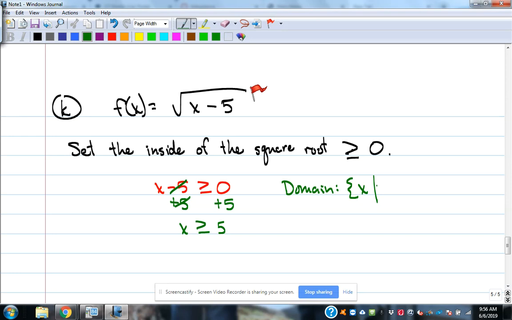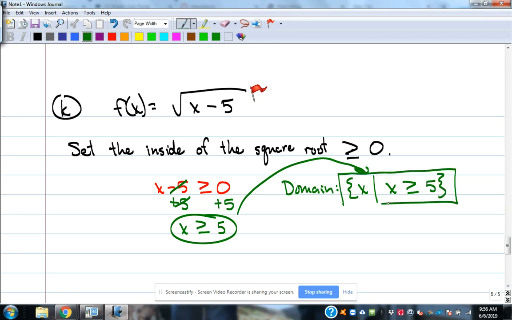And here's the wonderful thing about the square root ones. You just take this and copy it straight over. X has got to be greater than or equal to 5. You don't have to put a not equal to or anything like that. It's straight up, copy it straight over, whatever the inequality is. In interval notation, if it says x is greater than or equal to 5, then what's the smallest number that it could be?